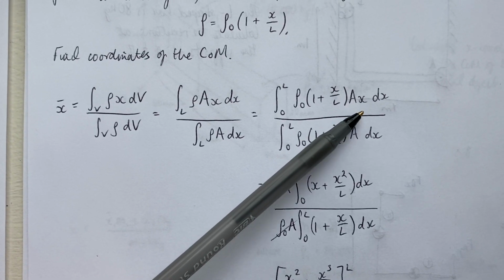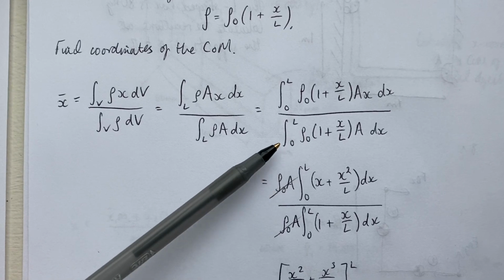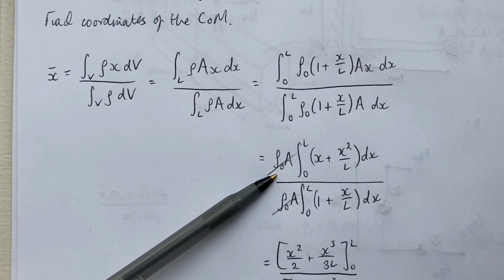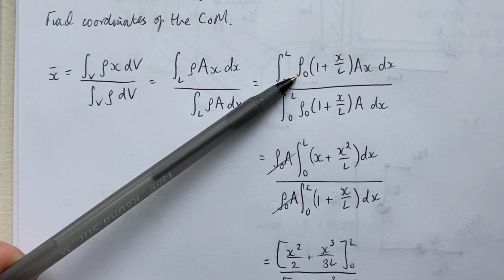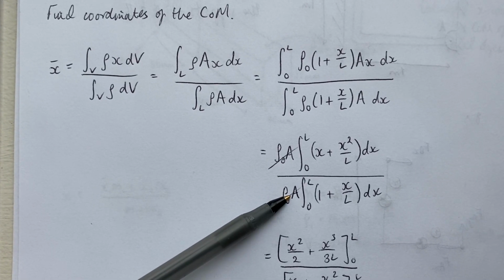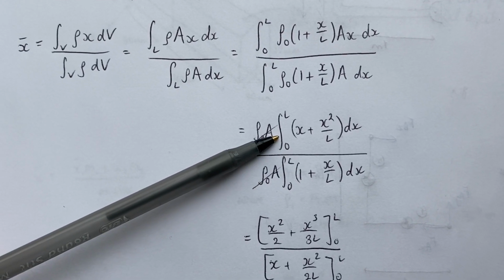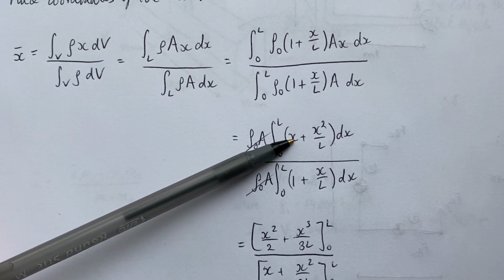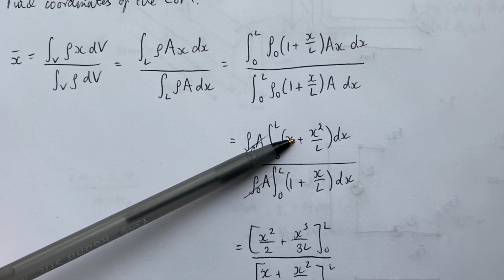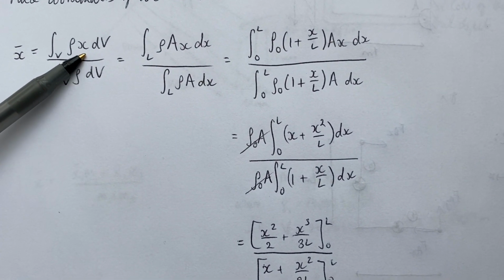But as you will see in a second, because it's constant, I can bring it outside the front of the integral, the same as rho 0, which is also a constant, and that cancels anyway. So I'm just left with these two integrals to calculate. The top one is the same as the bottom one, apart from it's multiplied by this extra x here, which comes all the way back from over here.